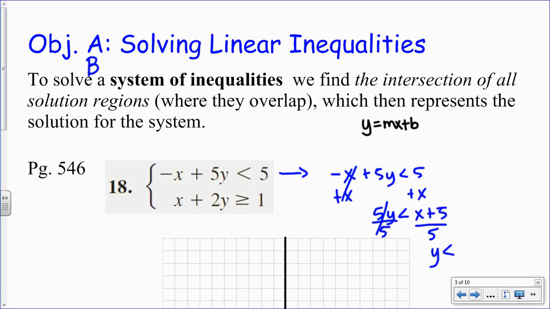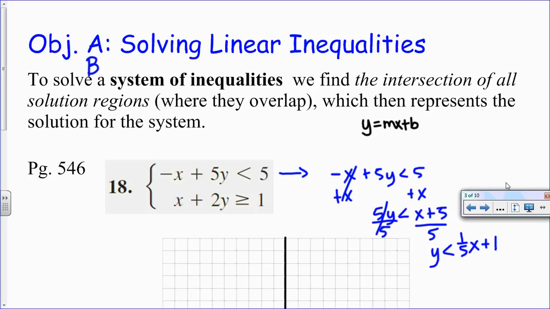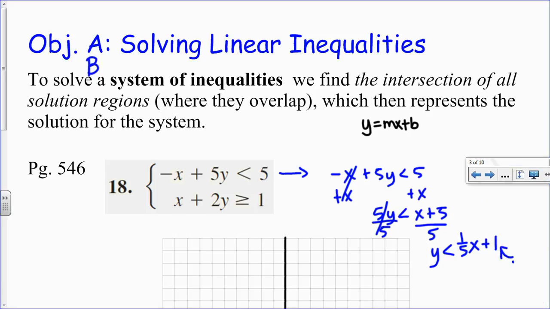x over 5 is 1x over 5. So that's 1/5 x. I want to make sure I keep my slope as a fraction. And then 5 over 5 is 1. So 1 is your y-intercept, so that is where you'll start. And 1/5 is your slope.